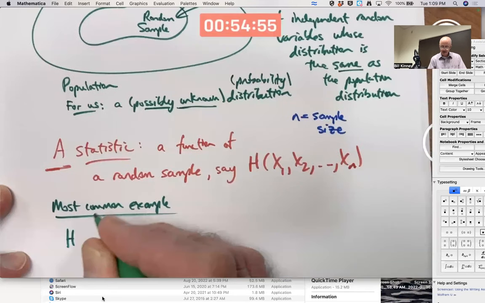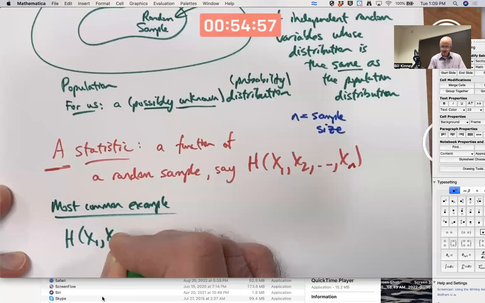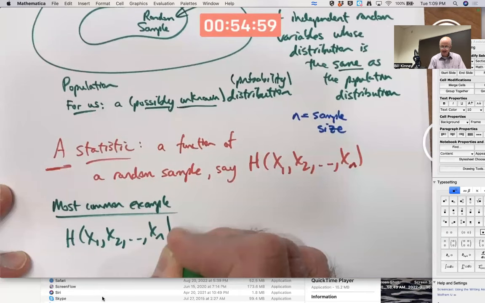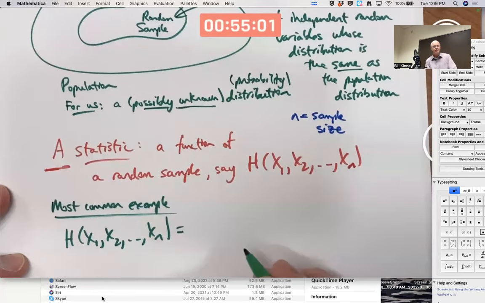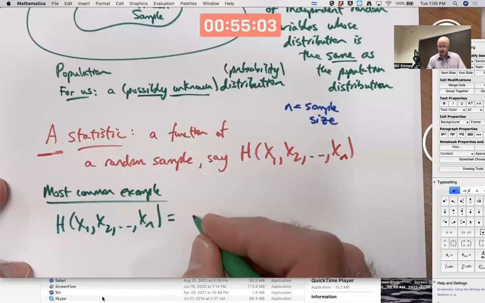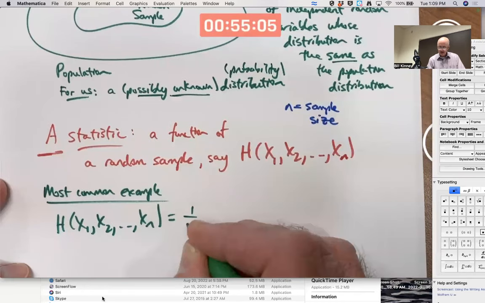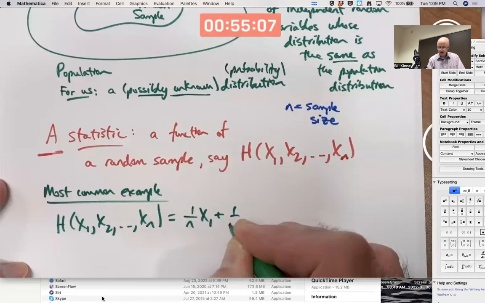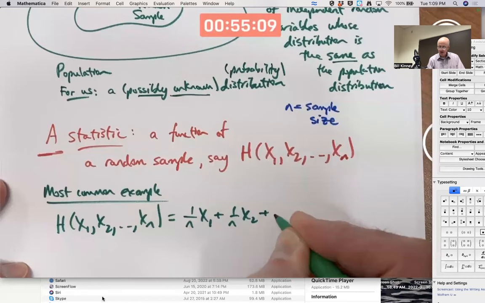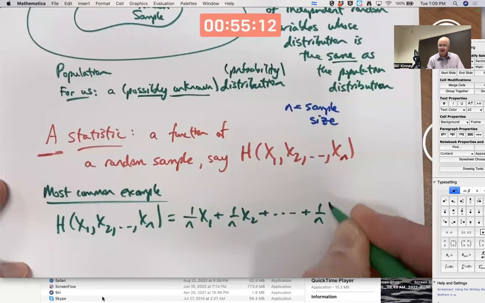H of capital X1, comma, capital X2 through capital Xn is, okay, let's be a little funny about it: 1 over n times x1 plus 1 over n times x2 plus ... plus 1 over n times xn.